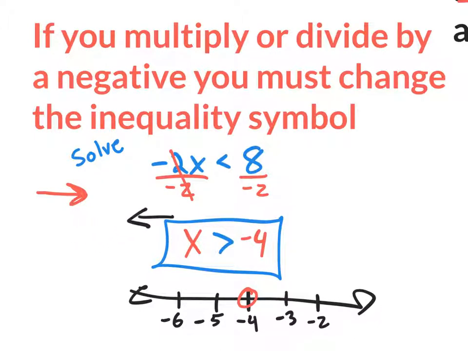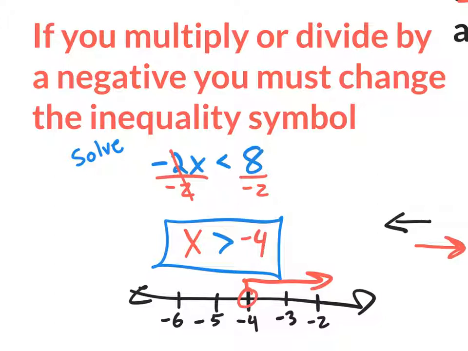Some students like to think of it visually. They look at which way the inequality is pointing, and they consider that to be like an arrow telling you to go that way. You could do that as long as you have your variable on the left side. So make sure your variable is on the left side. Right here you see that it's pointing to the right, because that is a greater than symbol. So you're going to go arrow that way, and that's how you graph.